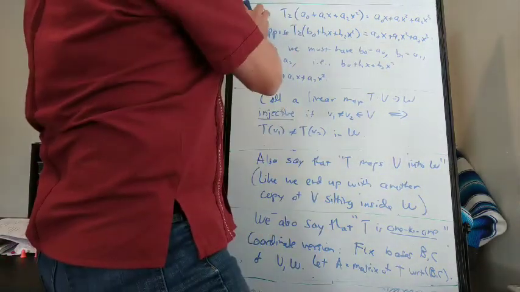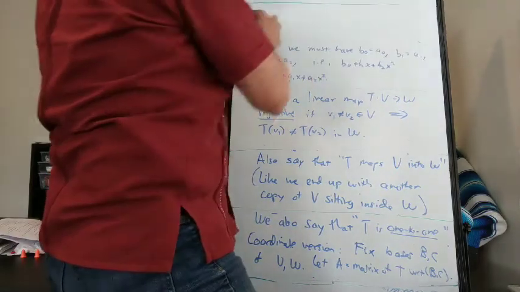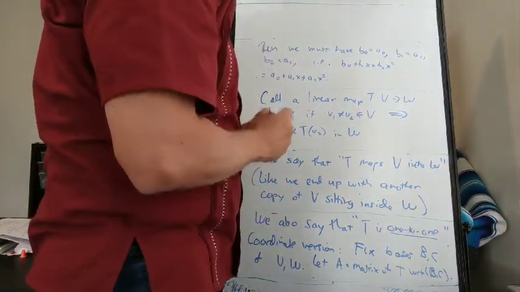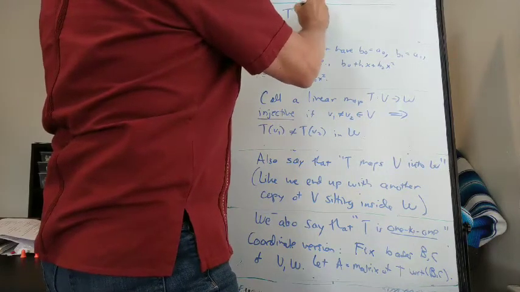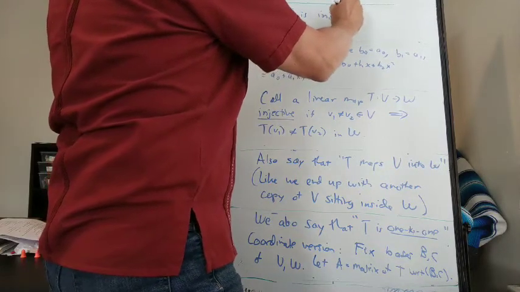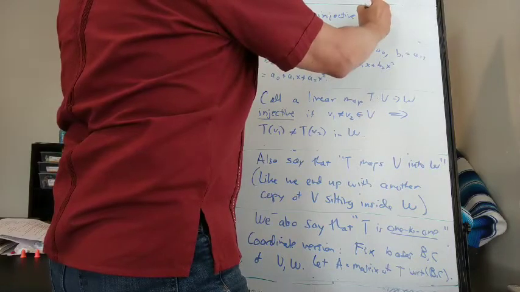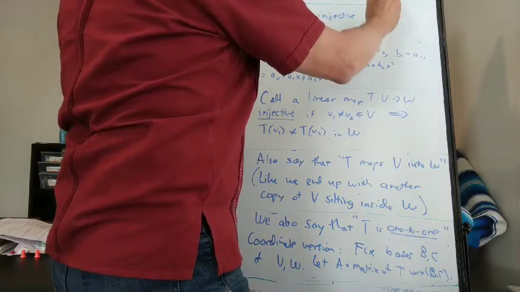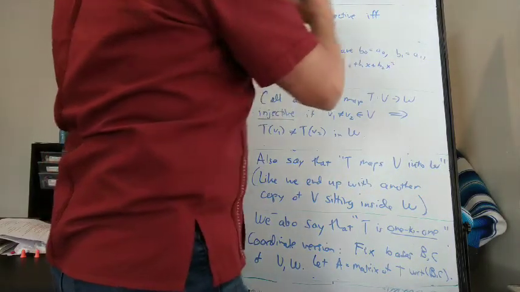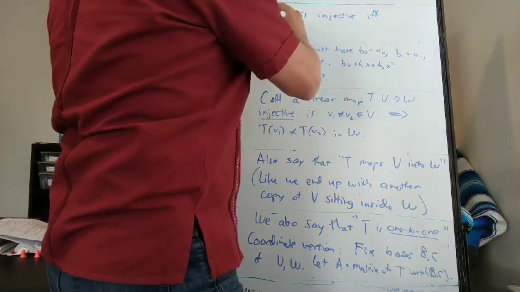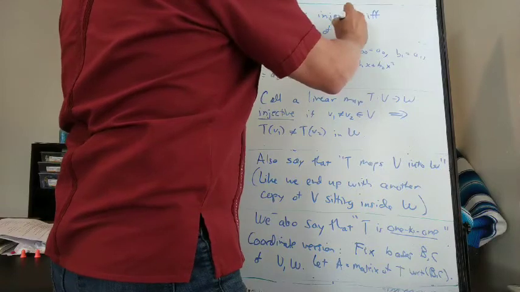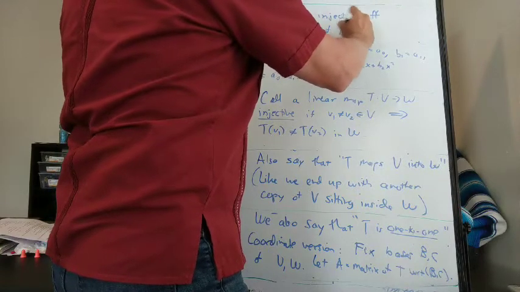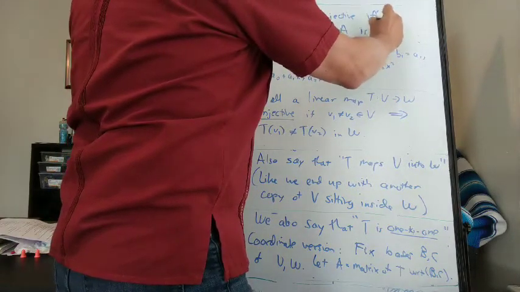So there's a nice property of A that tells you if the map is injective. T is injective if and only if the null space of A is just the zero space.